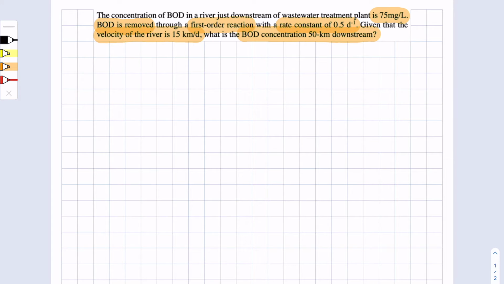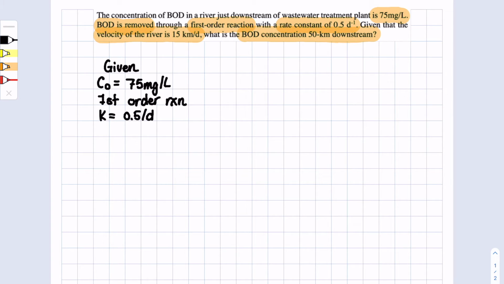So if we write out what we have right now, our givens, we have our initial concentration, 75 milligrams per liter. We have that it is a first order reaction. We have a rate constant of 0.5 per day.